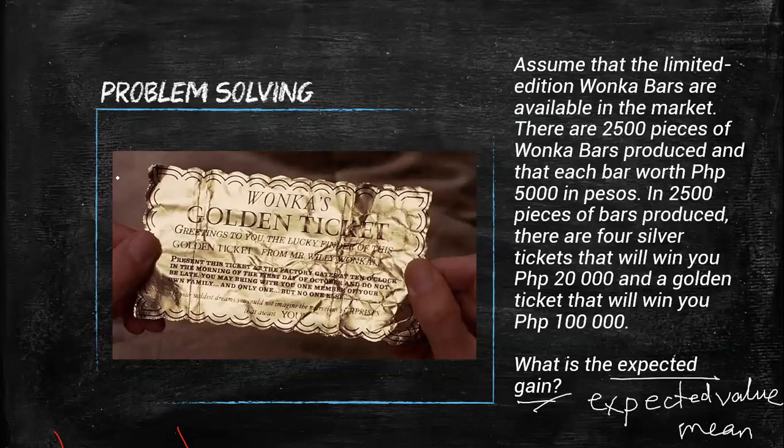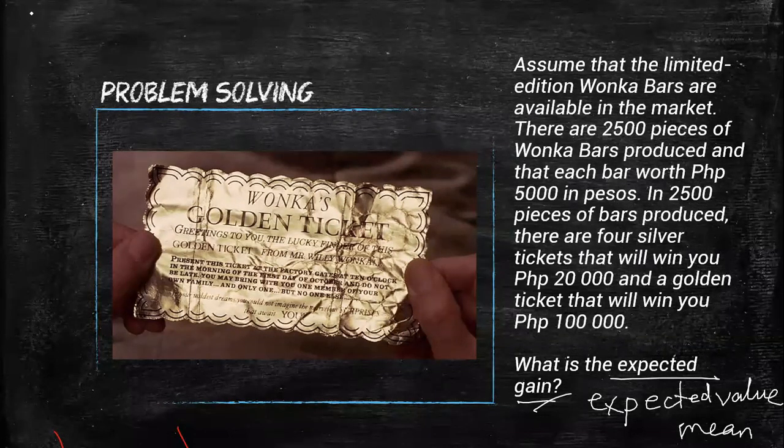Yung expected value natin class, yun dapat yung amount or yung presyo nung bibilhin natin, let's say ticket, na kung saan kapag binili natin lahat ng ticket, sure win 'yun, 'di ba? Pag binili natin lahat ng ticket, babalik taya lang. Kumbaga, binili nga natin lahat ng ticket, nanalo tayo, pero yung gastos natin sa pagbili ng ticket, yun na rin yung price. Okay, let's take for example.